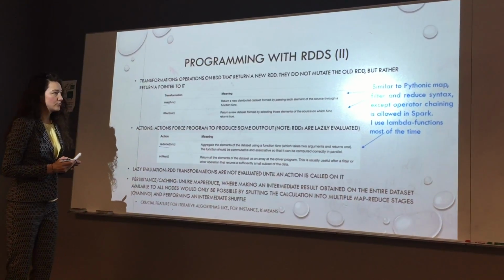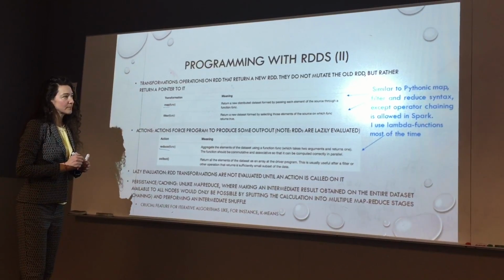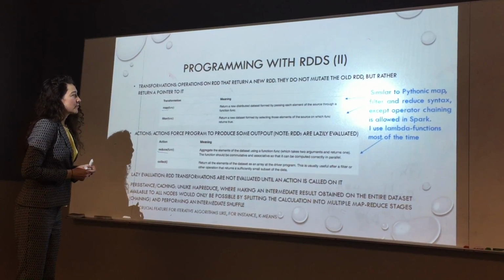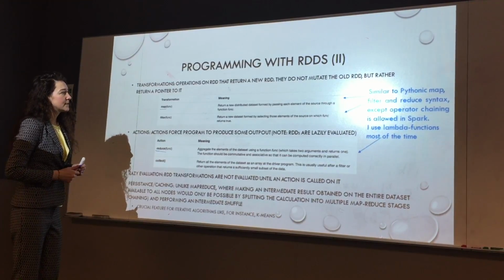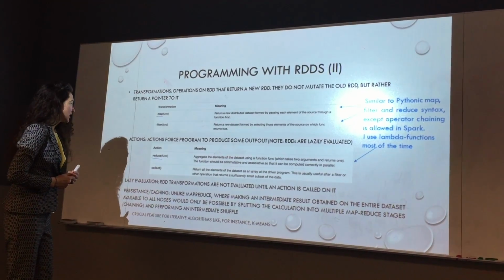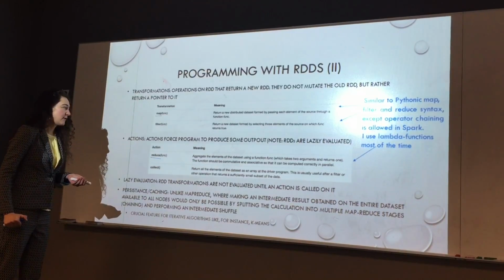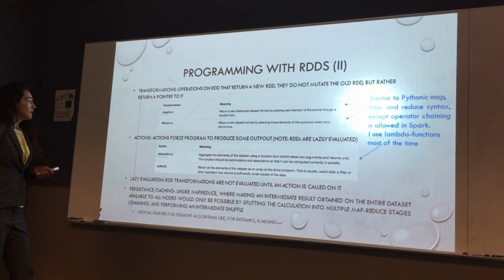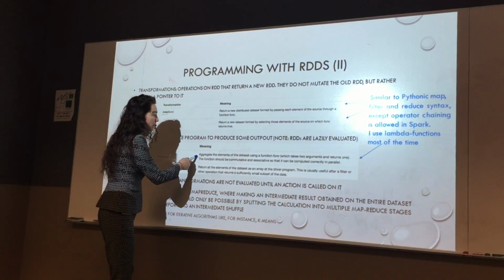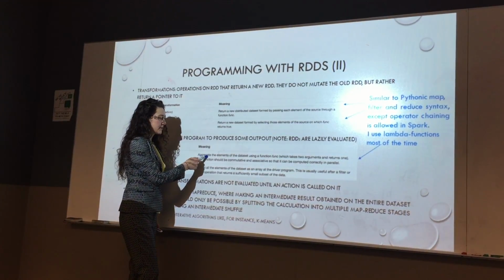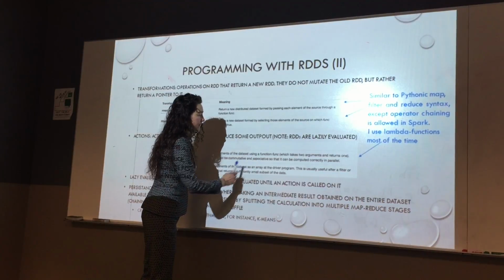These things do exist in Spark. Map returns a new dataset formed by passing each element of the source through a function. Reduce is the same idea, but it combines the outputs together, so it is aggregating the elements of the dataset.